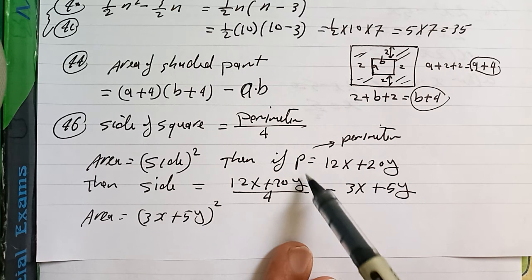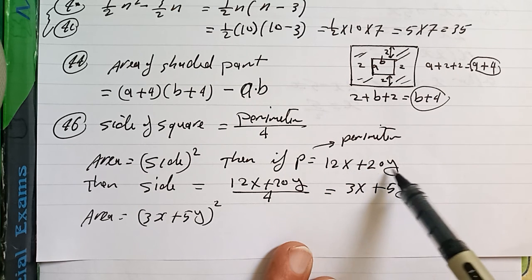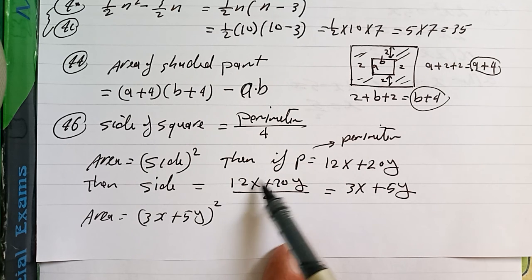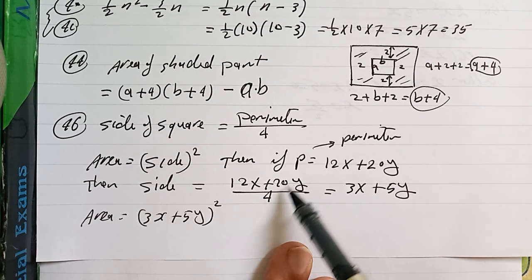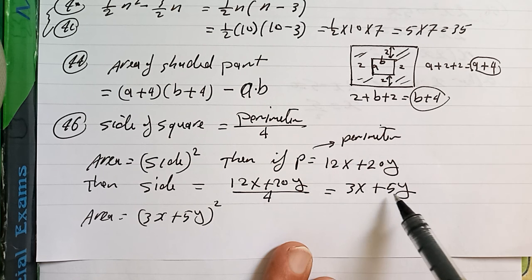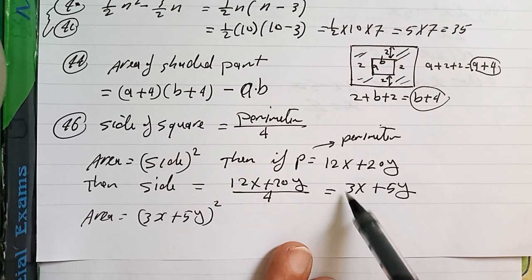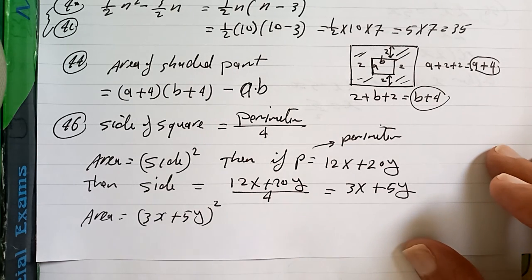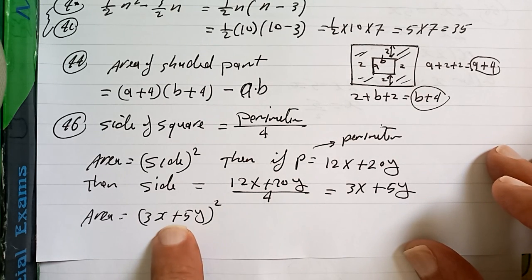Then, if you have a perimeter of 12x plus 20y, then divide it by 4 to get the side. 12x divided by 4 equals 3x, 20y divided by 4 equals 5y. And then get the area by squaring the side. It will be 3x plus 5y squared. This is the area. Thank you.